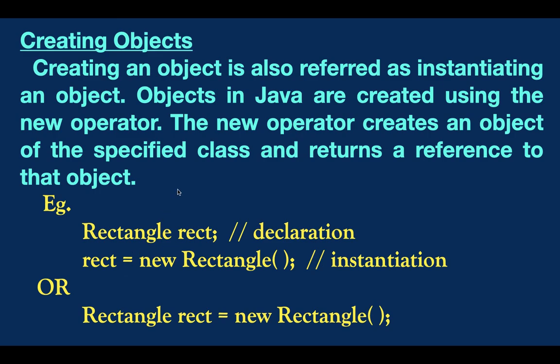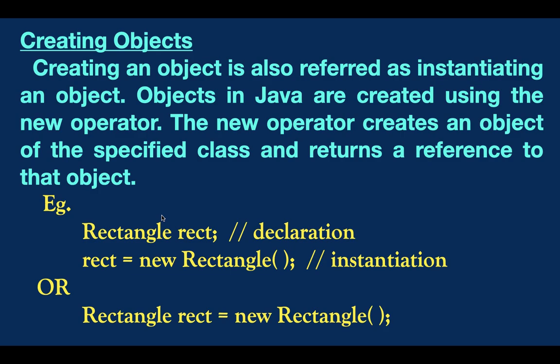Creating an object is also referred to as instantiating an object. Objects in Java are created using the new operator. This also needs to be noted. The new operator is a must because it provides space to the newly created object. The new operator creates an object of the specified class and then returns a reference to the object.